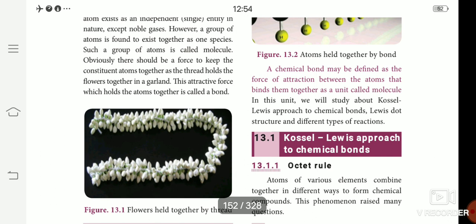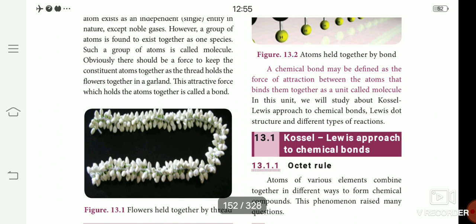Atoms of various elements combine together in different ways to form chemical compounds. This formation depends upon the Kossel-Lewis theory, which is based on the concept of electronic configuration.